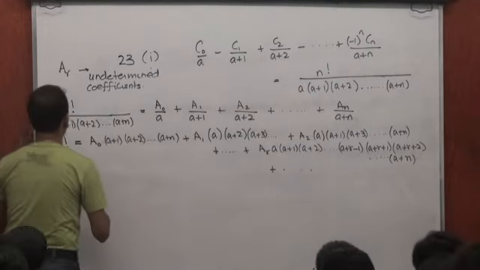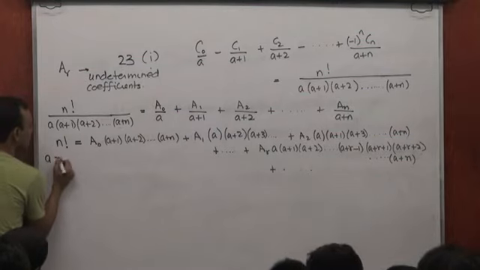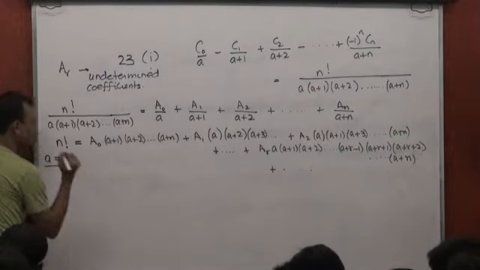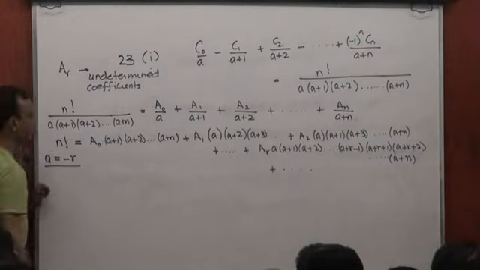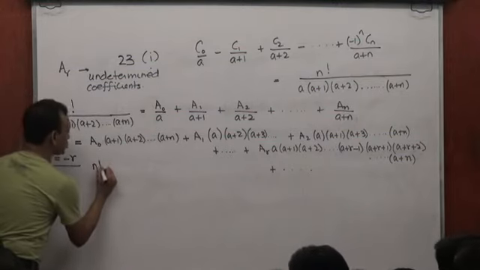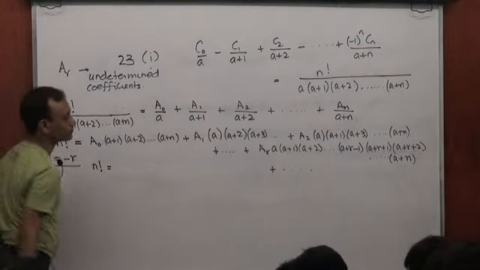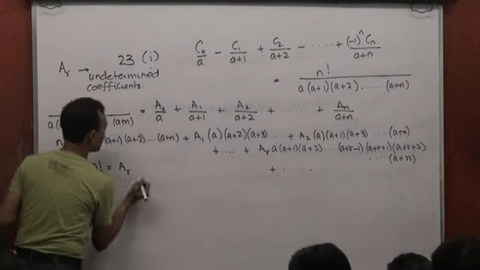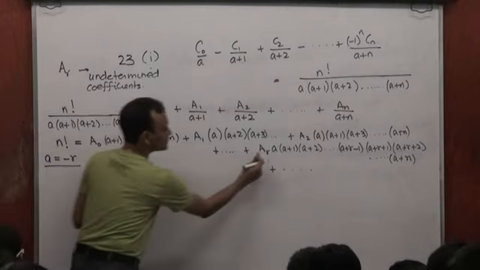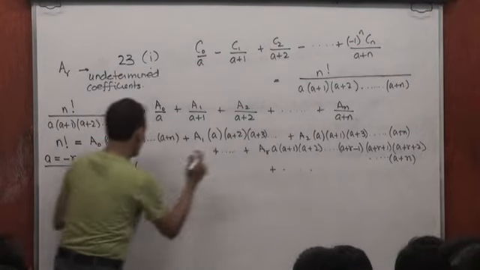So if I plug in A equal to minus R on both sides, then I have n factorial equal to AR. So only this term will remain, right?